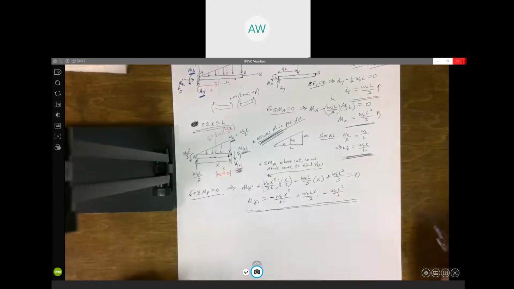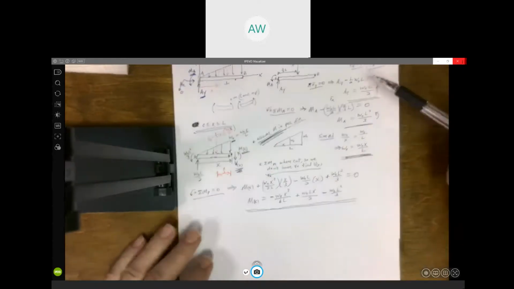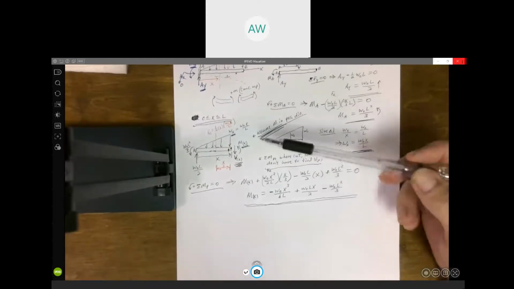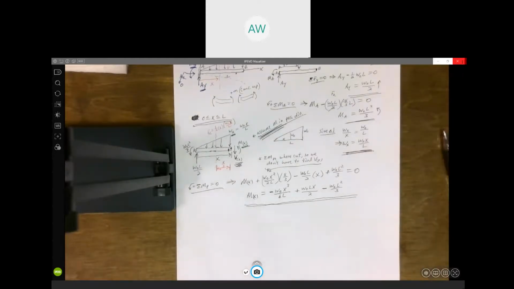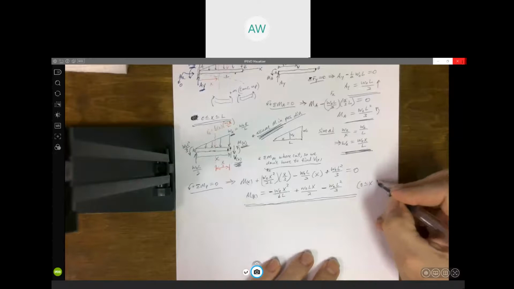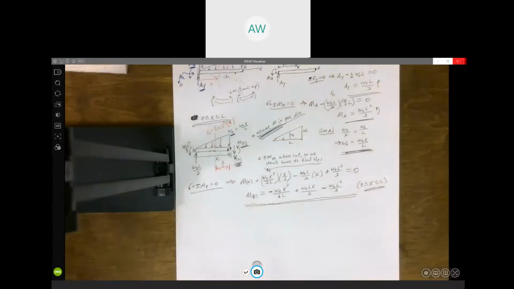So far, basically all we've done is a bunch of statics to come up with that moment function. That is the moment as a function of x, and remember, this is good for the whole beam. That's what we're after, what we need in order to solve this differential equation.